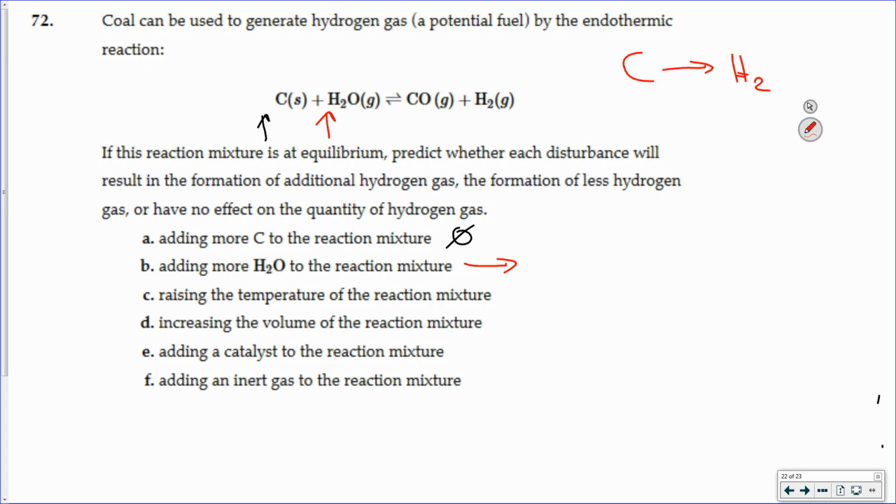All right, so we haven't talked about the effect of temperature yet. So if we raise the temperature, this one is a trick question. Because depending on whether the reaction is endothermic or exothermic, we don't know how it's going to respond to a change in temperature. So that depends on something called delta G, Gibbs free energy.